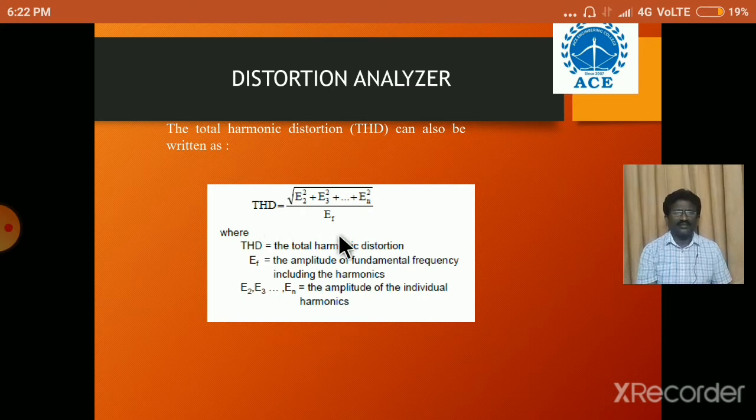EF is the amplitude of the fundamental frequency. Here E2, E3, En are the amplitudes of the individual harmonics, because every harmonic has some amplitude.